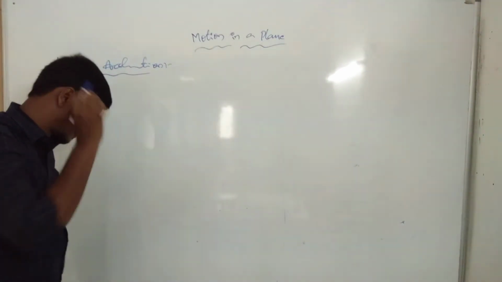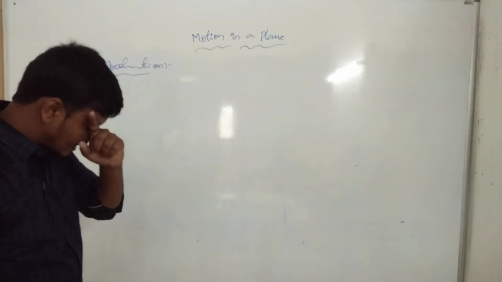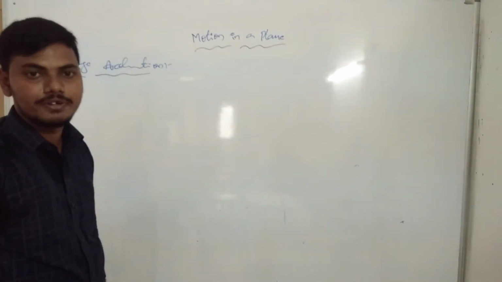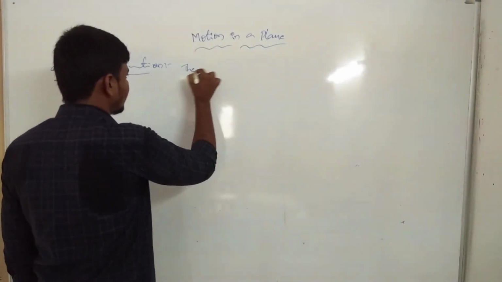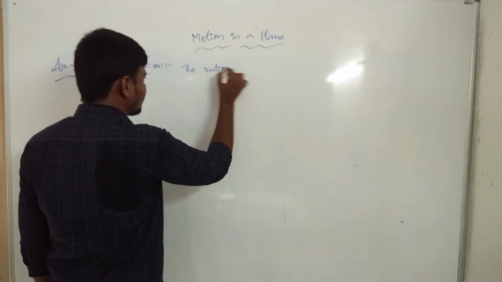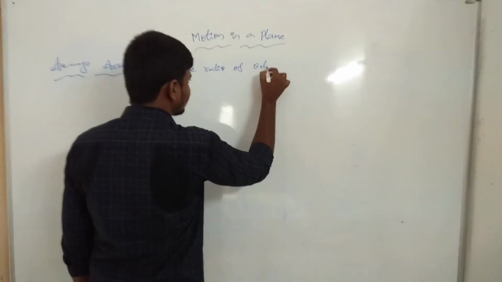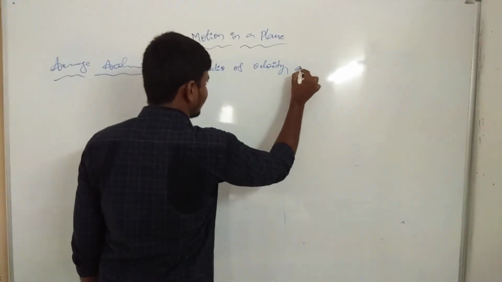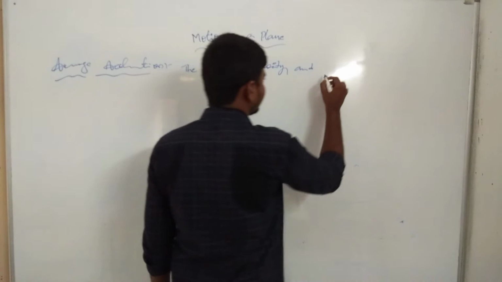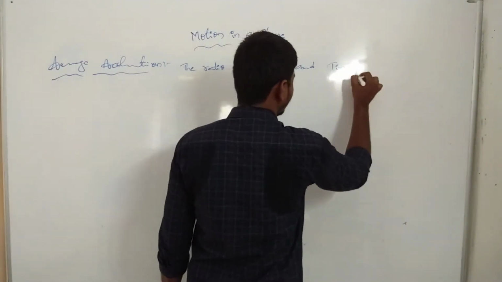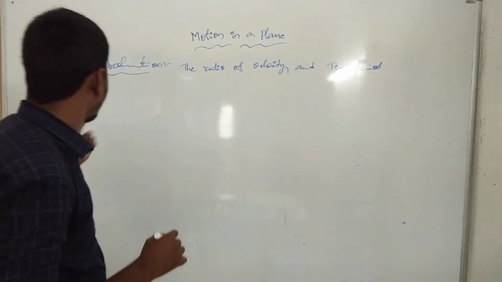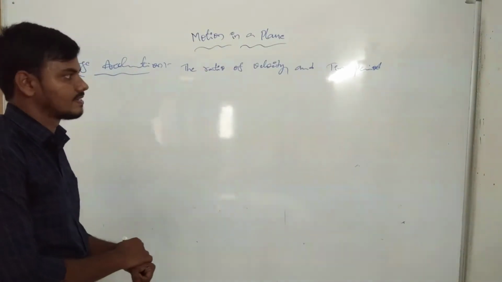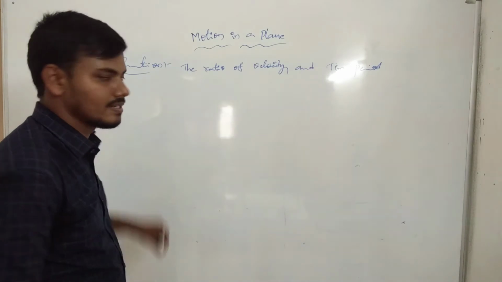Average acceleration means the ratio of velocity and time. The ratio of velocity and time period is known as average acceleration.